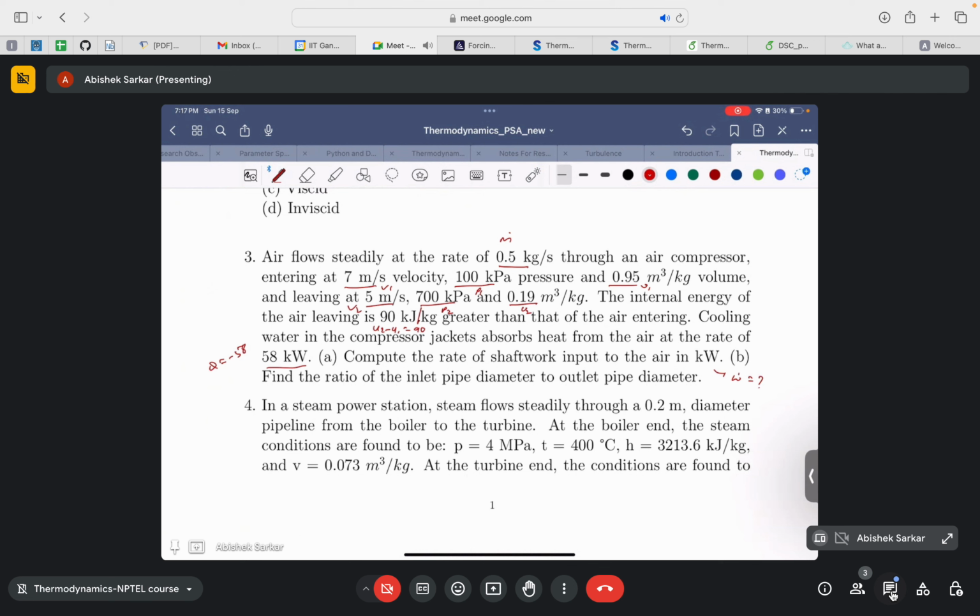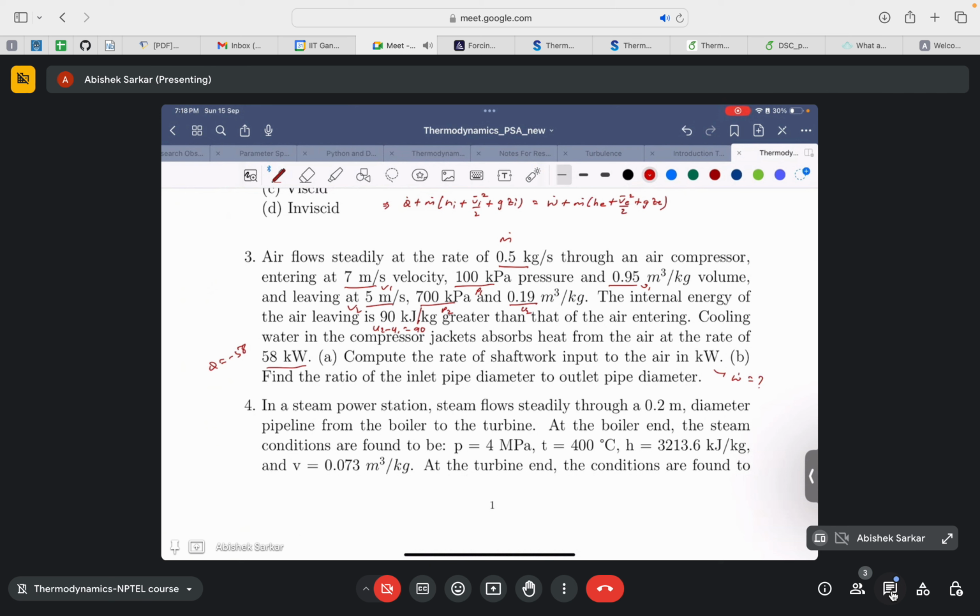Just need to find W dot. Let me write the equation again. Since it is steady flow energy equation, it will be 0 equal to, or disregard 0, you can write it as Q dot plus m dot (hi plus Vi square by 2 plus g zi) equal to W dot plus m dot (he plus Ve square by 2 plus g ze).